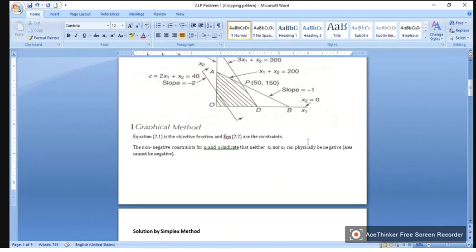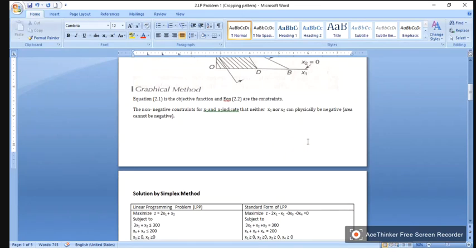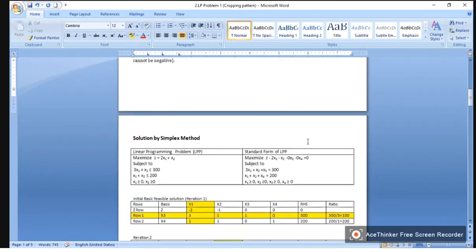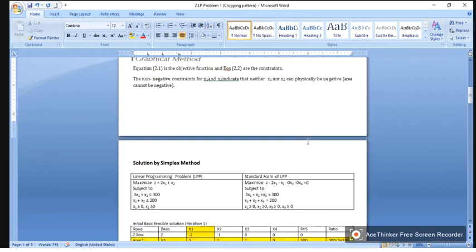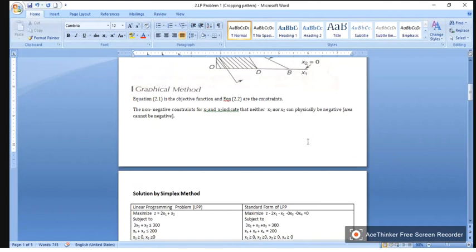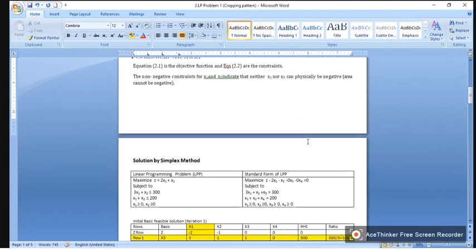Yes, sir. It's correct. Okay. So now we can solve this problem using the graphical method, and we can solve this problem by using the simplex method. So the simplex method is a search method.